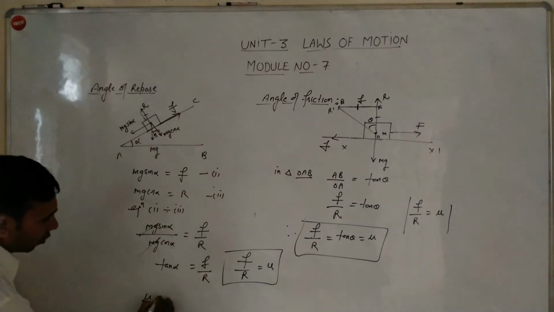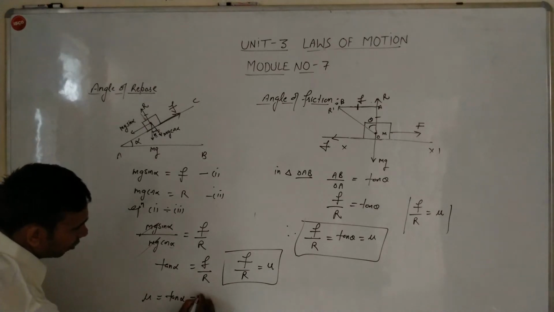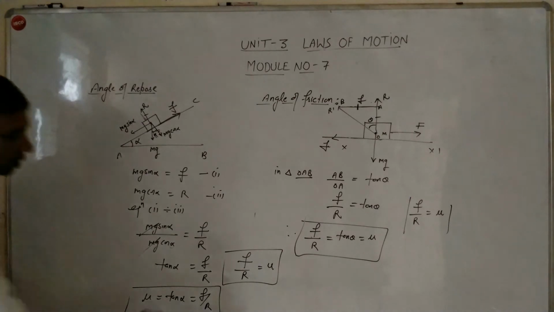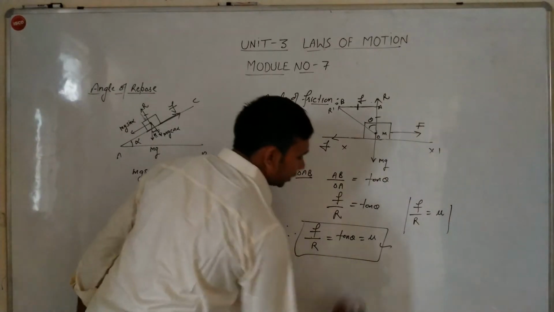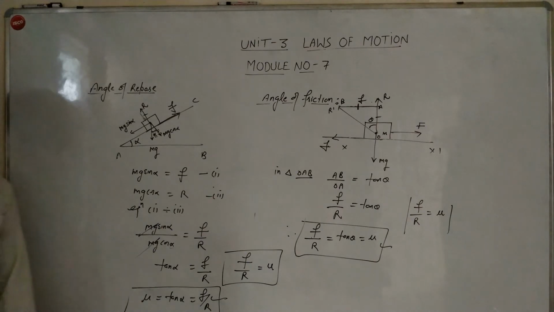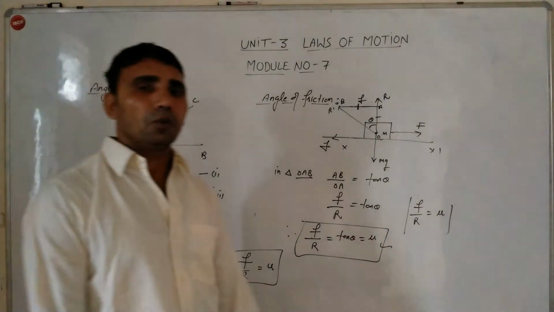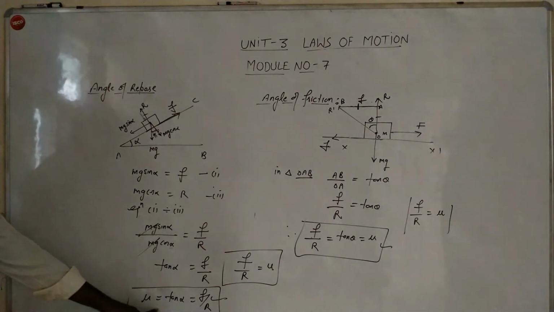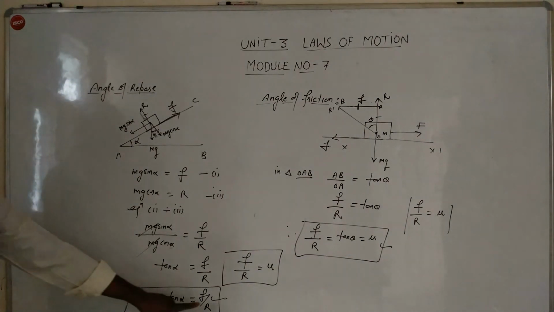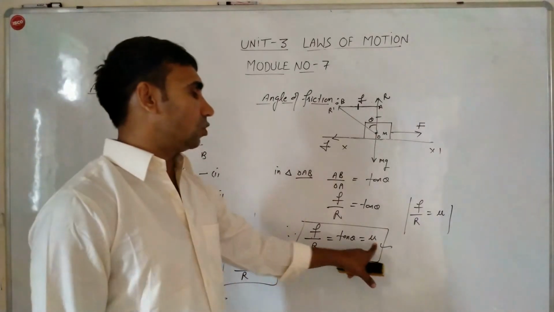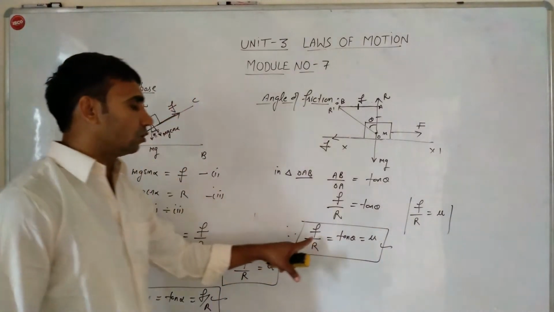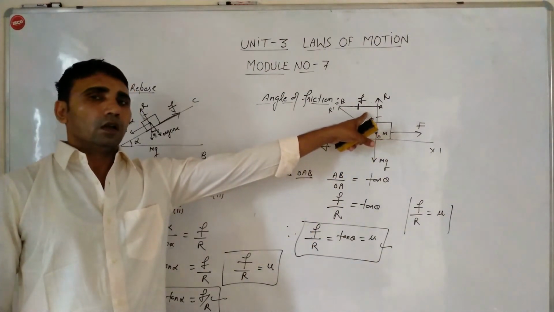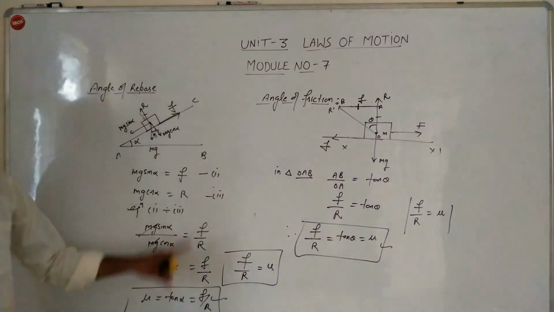Therefore mu is equal to tangent alpha, which is equal to F divided by R. From these equations, mu is equal to tangent theta, where theta is the angle of friction, and alpha is the angle of repose.